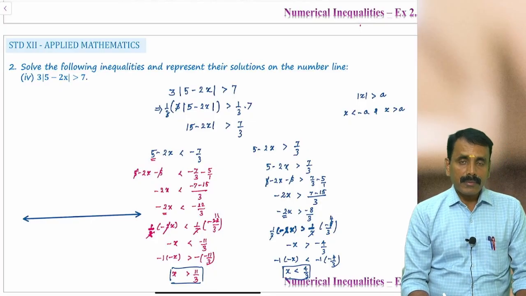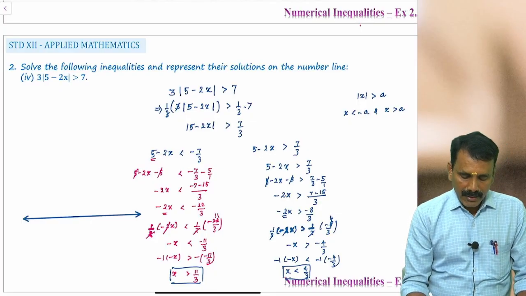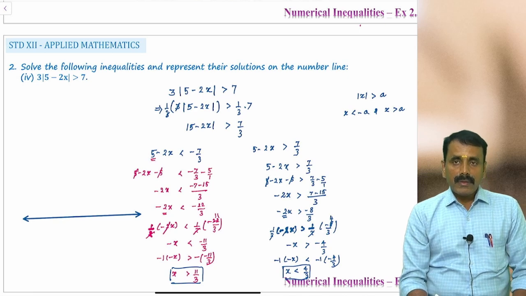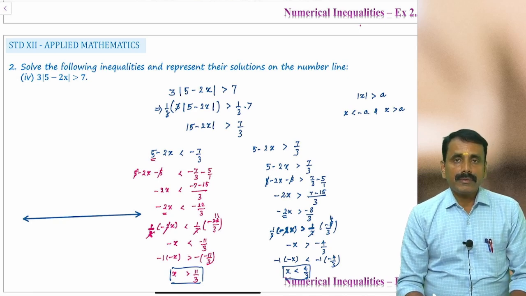Of these two numbers, 11 by 3 and 4 by 3, which is smaller, which is bigger?